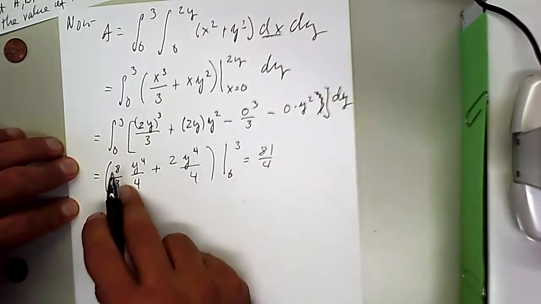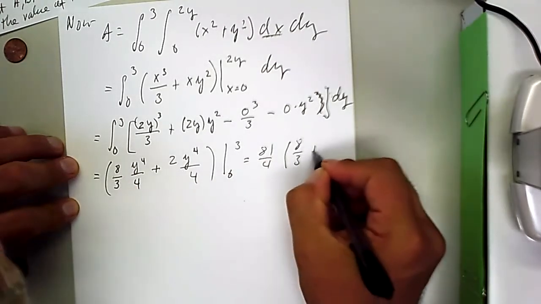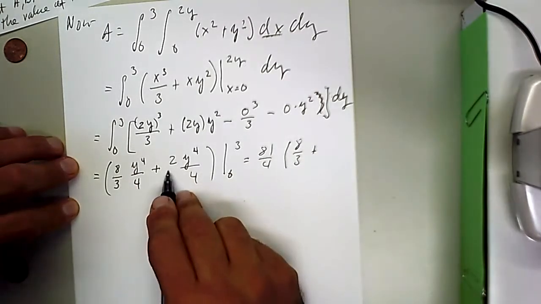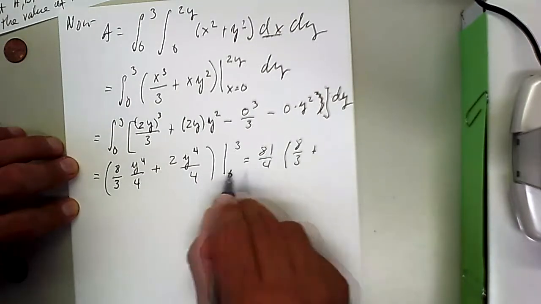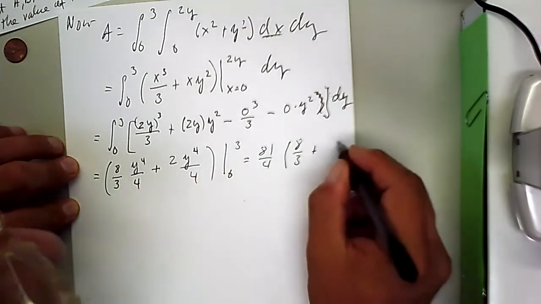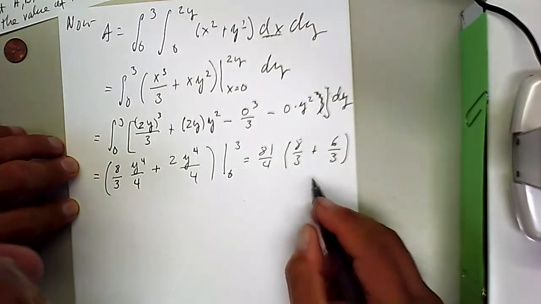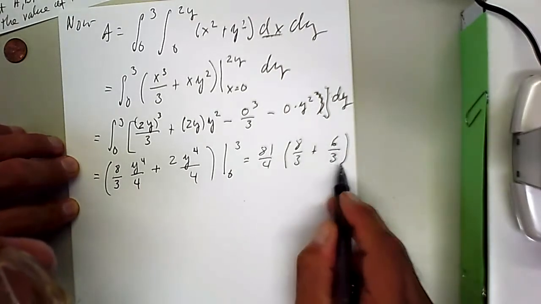Factoring that out, I have 8/3 plus 2, because the 4 was already factored out, and 2 is the same thing as 6/3. So we have 14/3.